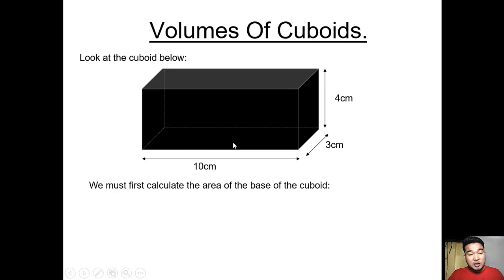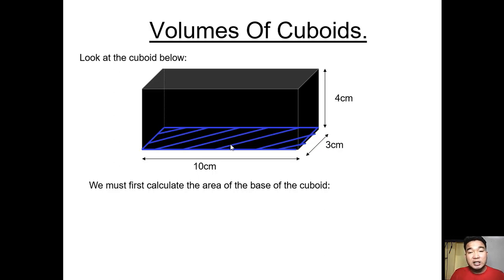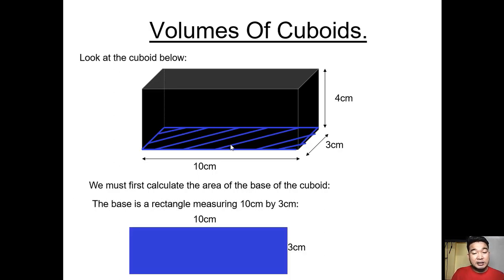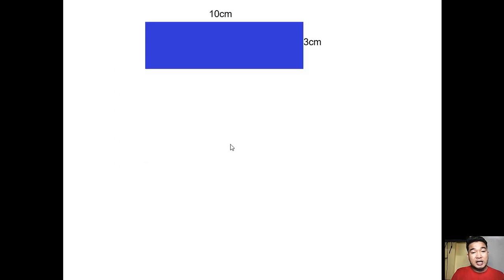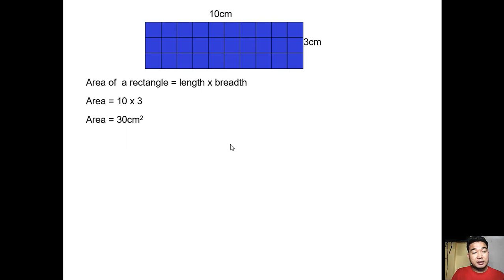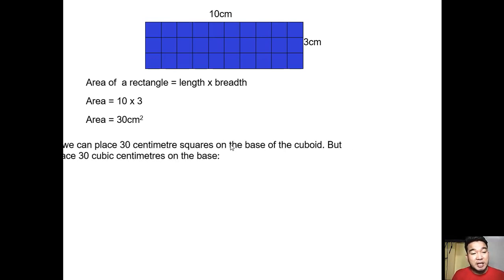So let's solve for the area. And to find the area of a rectangle, the formula is A equals length times width. So in this case, we multiply 10 by 3 centimeters. So the area is equal to 30 square centimeters. So that is already the area of the base of the prism.